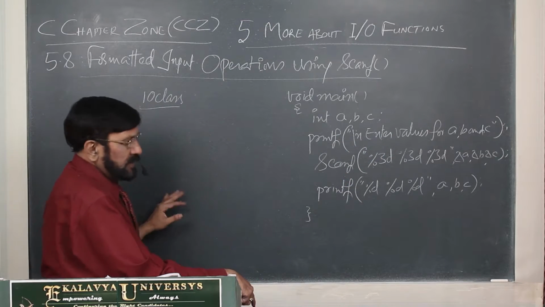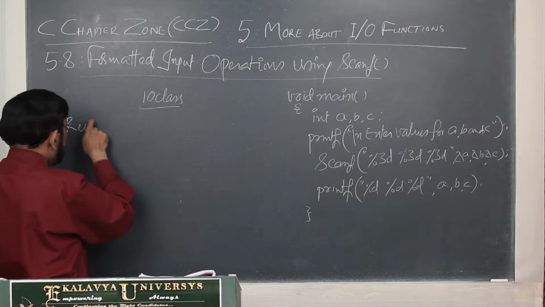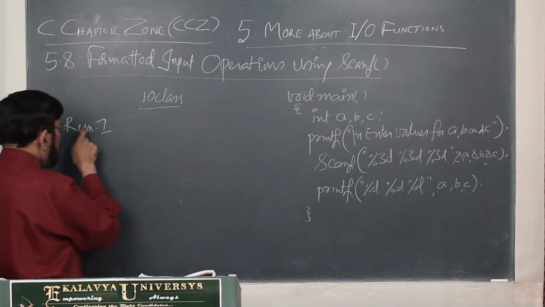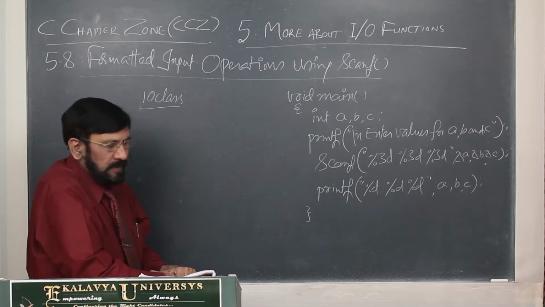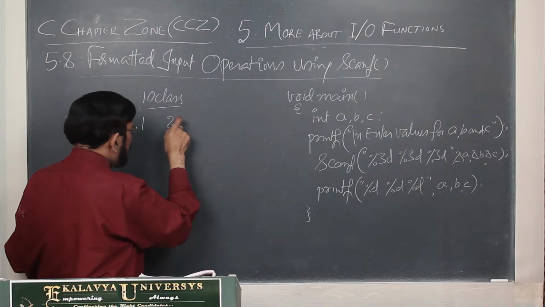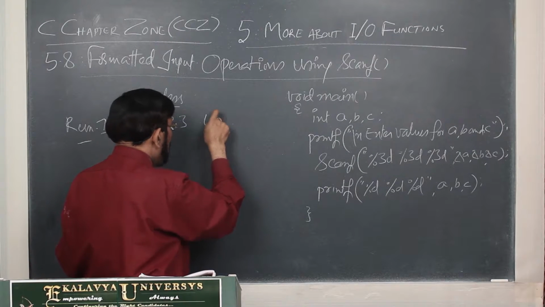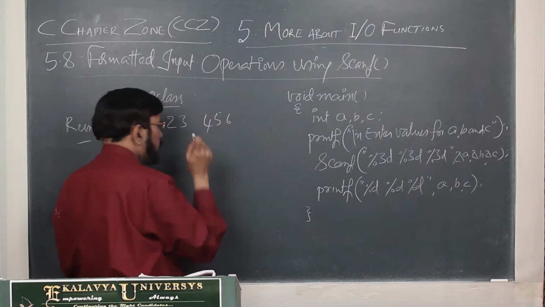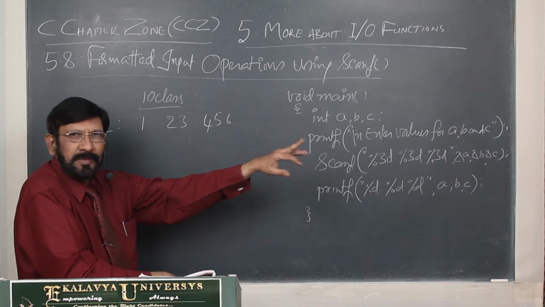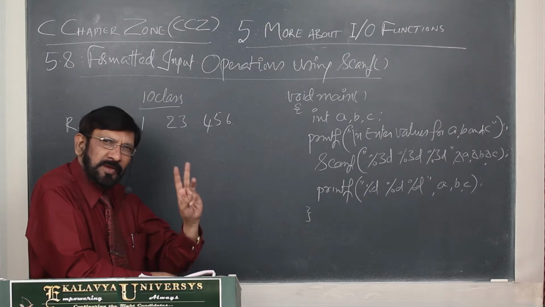That you have to understand. Now I show you practically, run 1. In run 1, which values are you giving? You should not enter more than 3 digits.